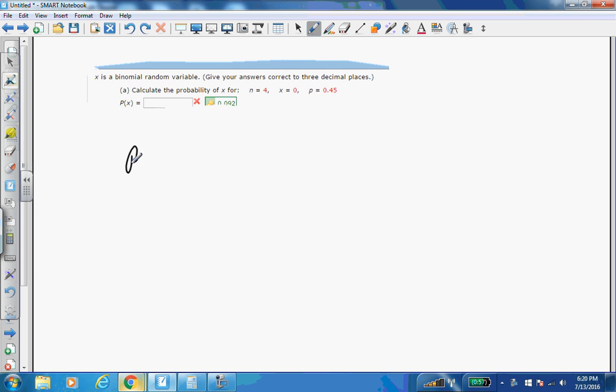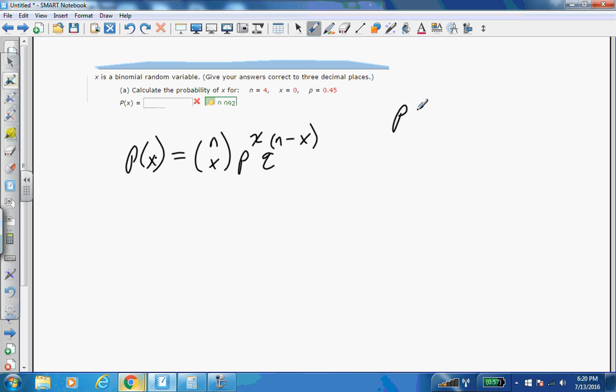So remember that the probability function for binomial probability distribution is n choose x times p to the x q to the n minus x, where p is the probability of success, q is the probability of failure.